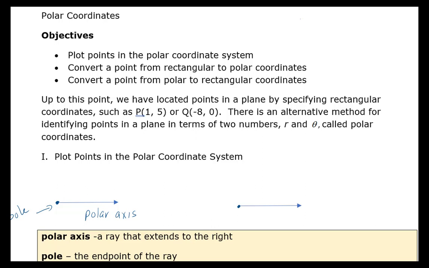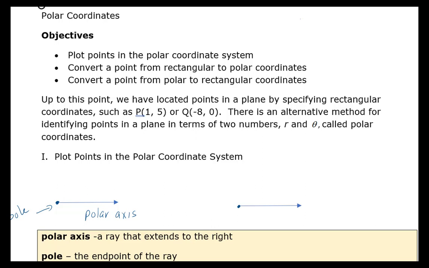In this system, the absolute value of r is the distance a point is from the pole, and theta is the angle that the ray your point is on makes with the initial side, or with the polar axis.